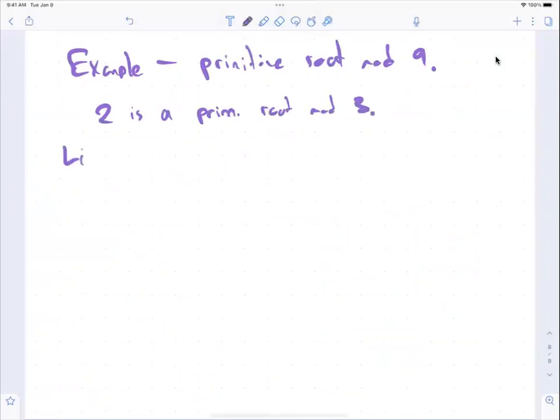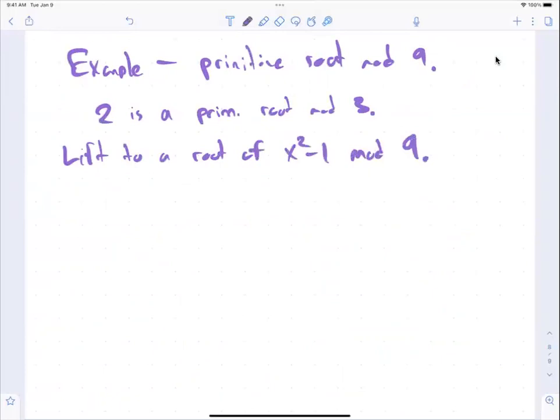And then we lift it to a root of x squared minus 1 mod 9. To do that, we're looking at which shift of 2 by 3 satisfies that. And it's going to be 8.